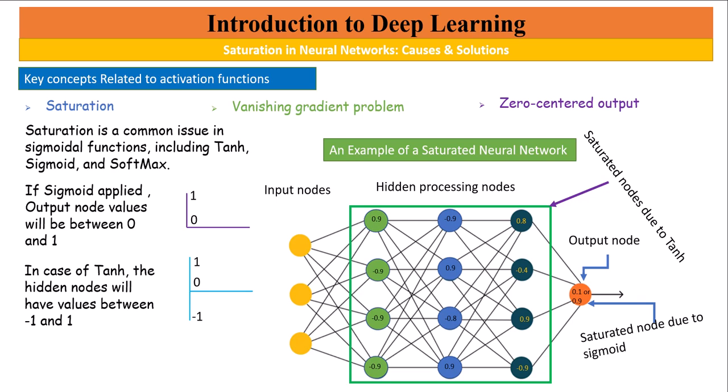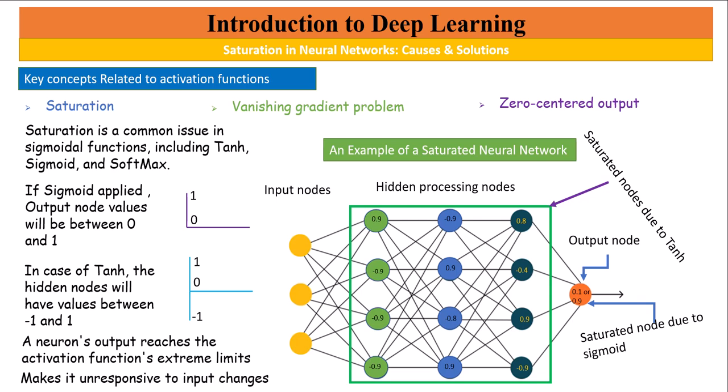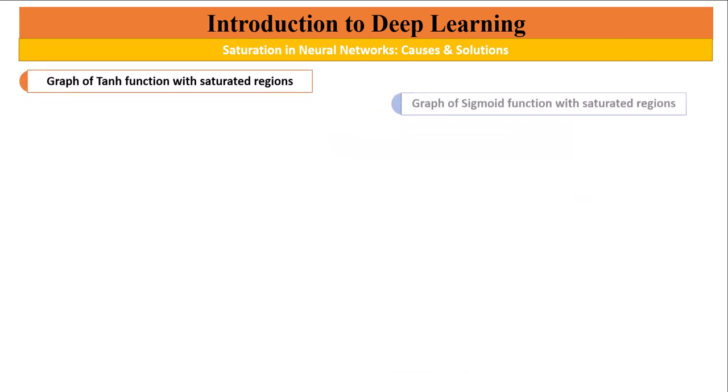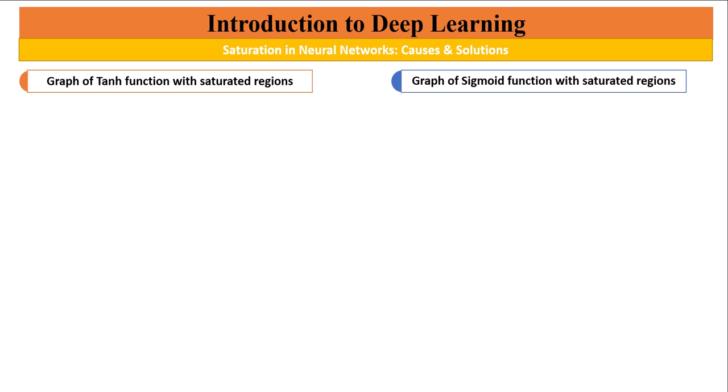Formally, it can be defined as: saturation occurs when a neuron's output approaches the extreme limits of its activation function's range, also called the asymptotic limit. In this state, even significant changes to the input produce negligible changes in the output, effectively making the neuron unresponsive to new information. Here is the graphical view of tanh and sigmoid functions with saturated regions.